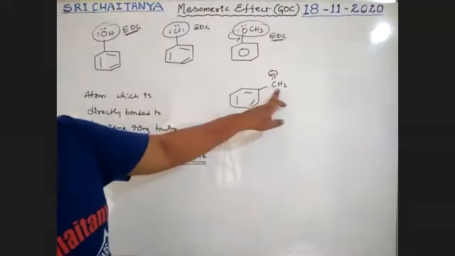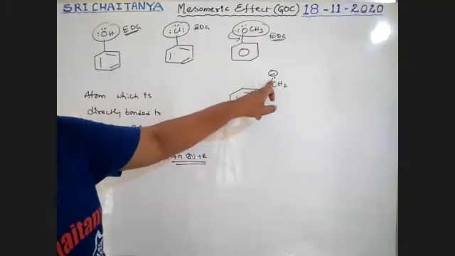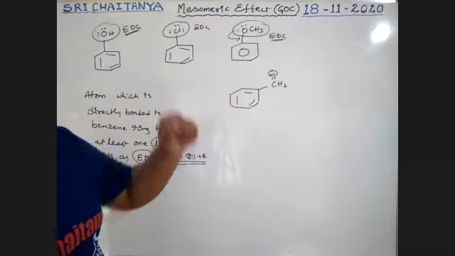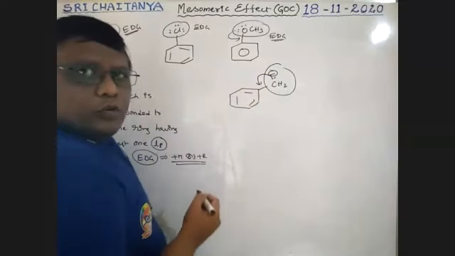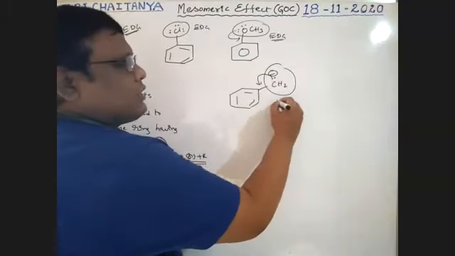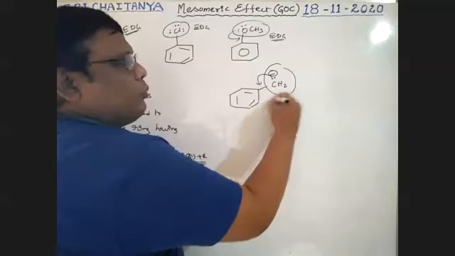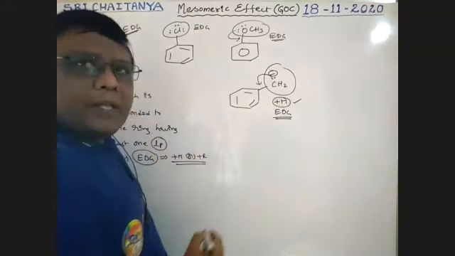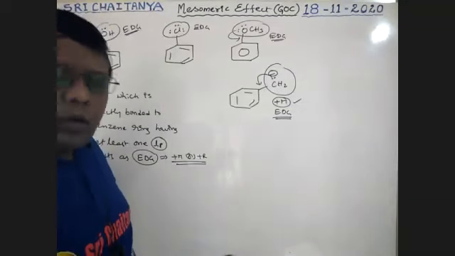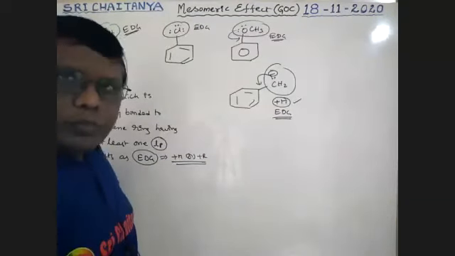Tell me, boys, this is a negatively charged ion with a lone pair directly attached to benzene ring. Therefore, this group also has electron donating tendency towards benzene ring. That is electron donating group. Electron donating groups are nothing but plus M groups, boys.